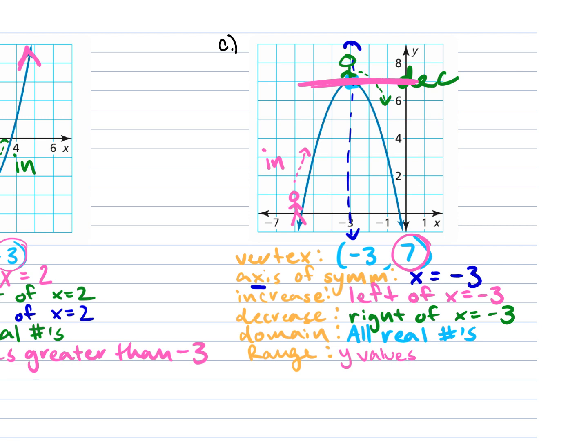Does our graph go above 7 or below 7? What do we think? Looking at our graph, 7 on the y-axis is here. Is our graph above 7 or below 7? Below, and it's going down. So we're talking about y values less than 7.